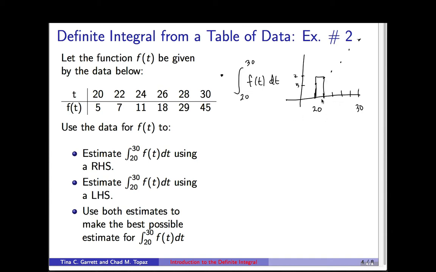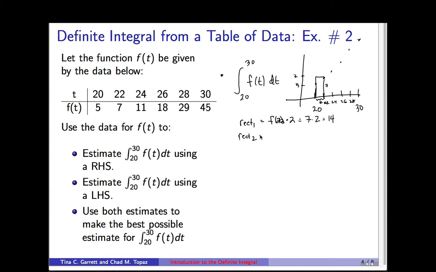So that first rectangle will have a height of 7, and it will have a base of 2 because we're going 20, 22, 24, 26, 28, all the way up to 30. So that first rectangle, rectangle 1, has a height, which is f of 22, times a base, which was 2, and that gives us 7 times 2, or 14.